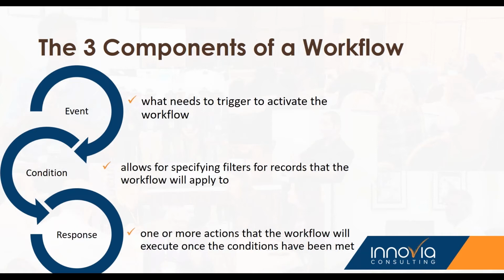It might be because that vice president of sales would like to reach out and thank that customer for that order when it's a large order like that. That would be how a workflow can work. Those are the three components: event, condition, and response as we walk through them.